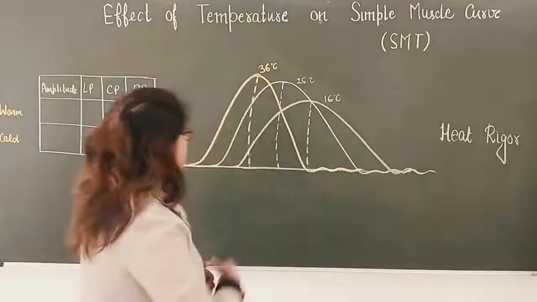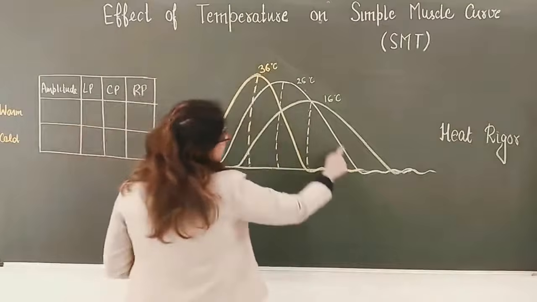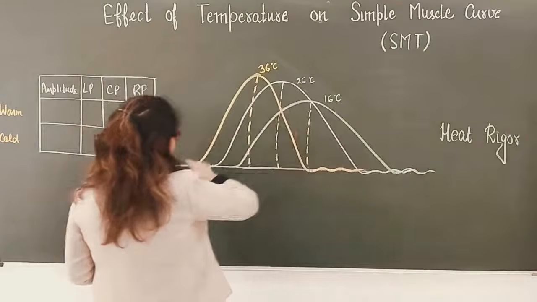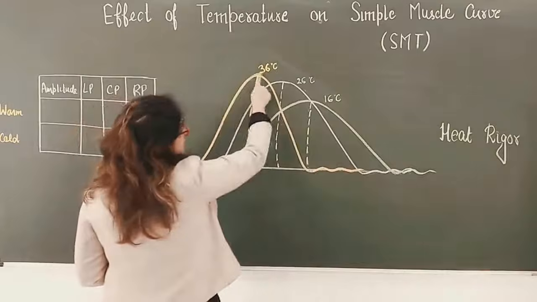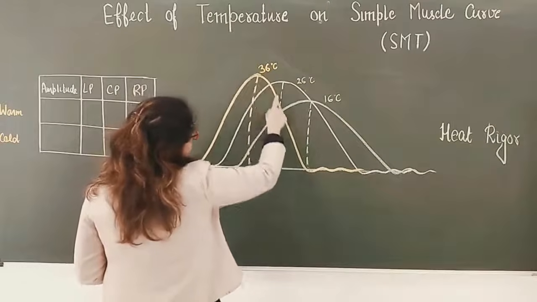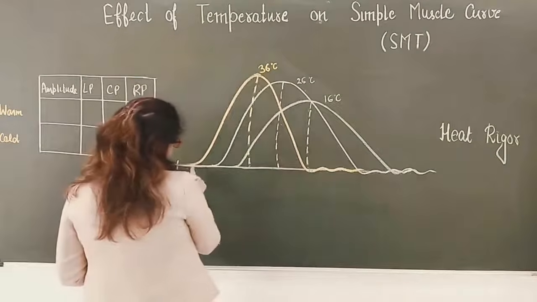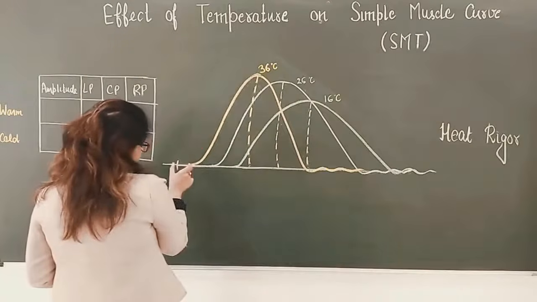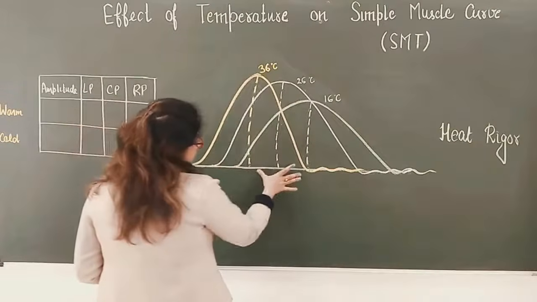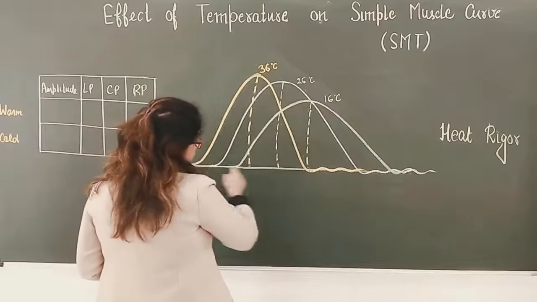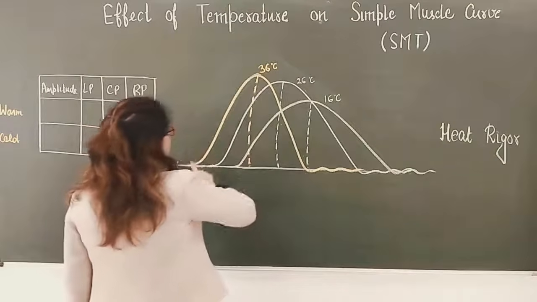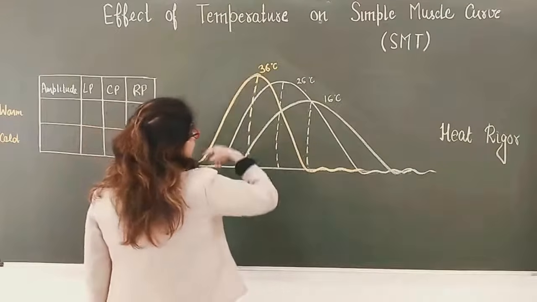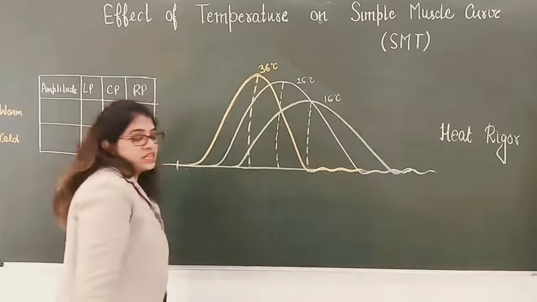So we can see this is the graph at normal temperature. When we poured warm saline on this, we can see the height of the curve is increasing and duration of all the phases are decreasing, like latent phase, contraction phase, relaxation phase. So duration of all the phases have decreased and length of the curve or amplitude of the curve has increased.